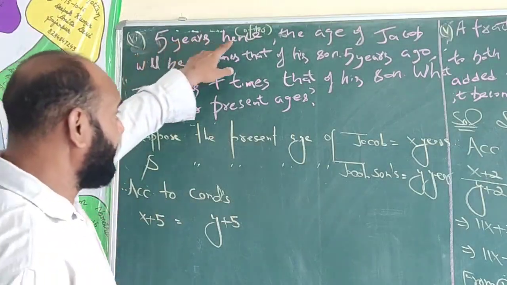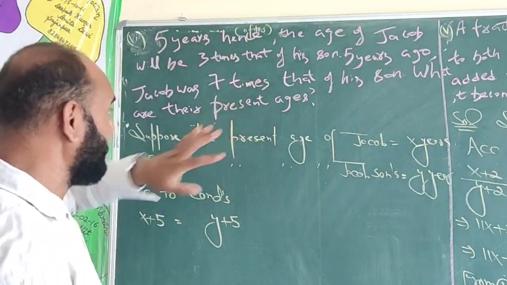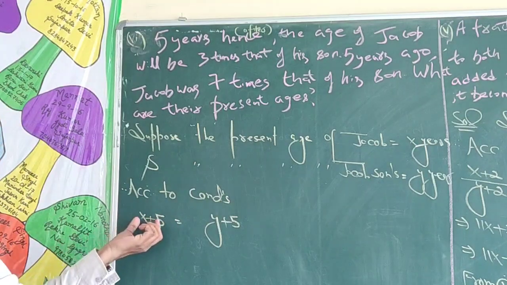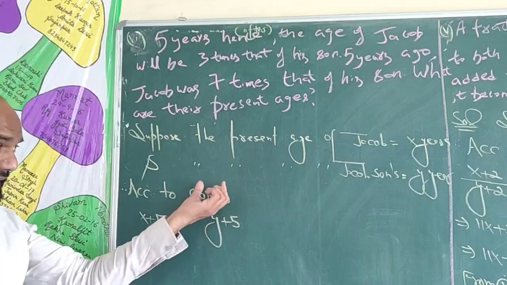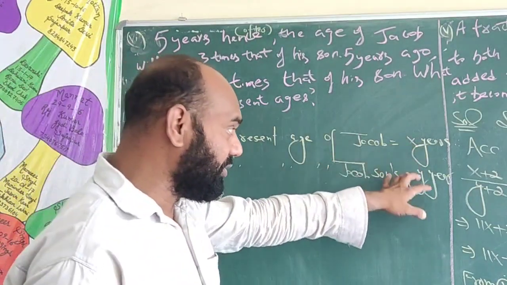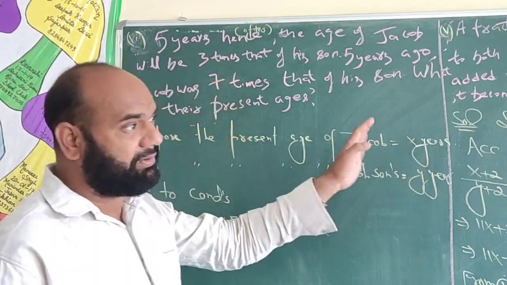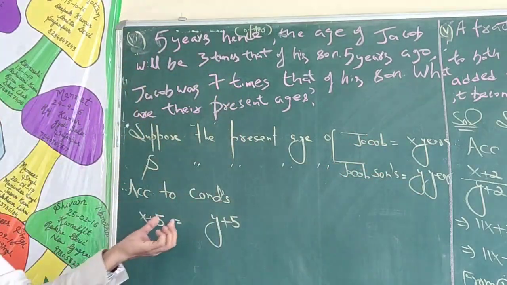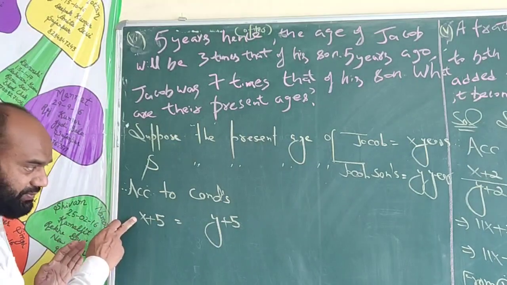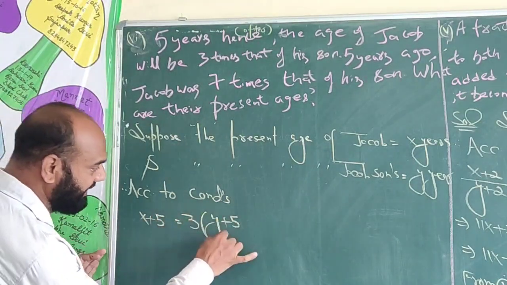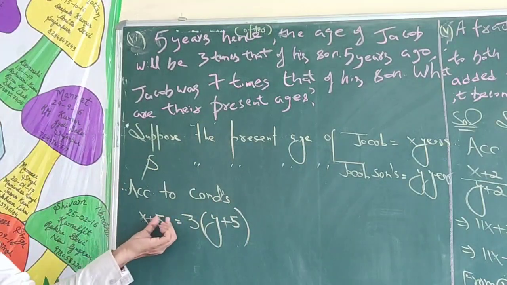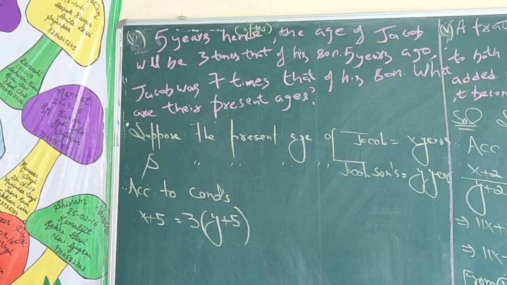And according to the condition, 5 years hence the age of Jacob is 3 times the age of his son. Because the present age of Jacob's son is y, after 5 years his age is also y plus 5. So x plus 5 is equal to 3 times y plus 5.